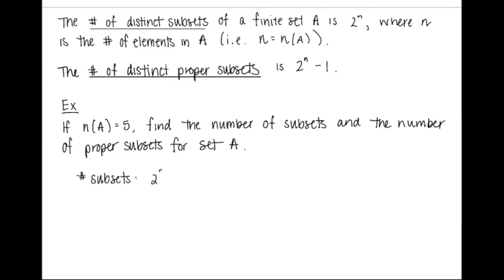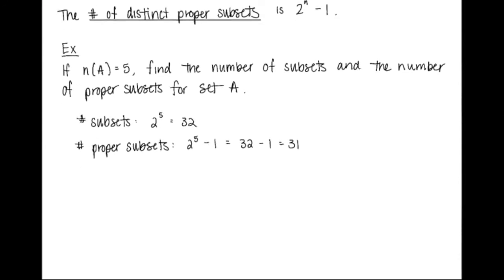It's going to be 2 to the 5th, which is 32. The number of proper is going to be 2 to the 5th minus 1. So 32 minus 1, there would be 31 proper subsets.